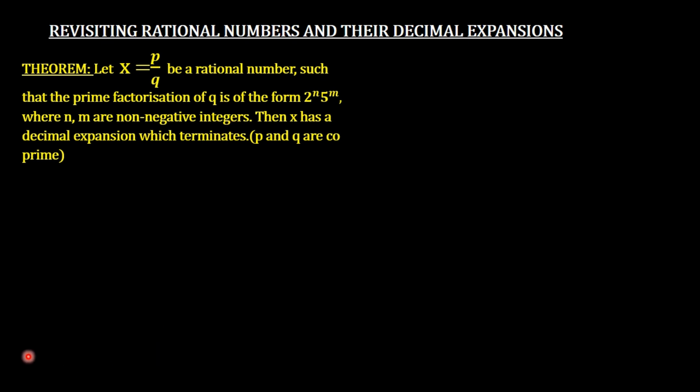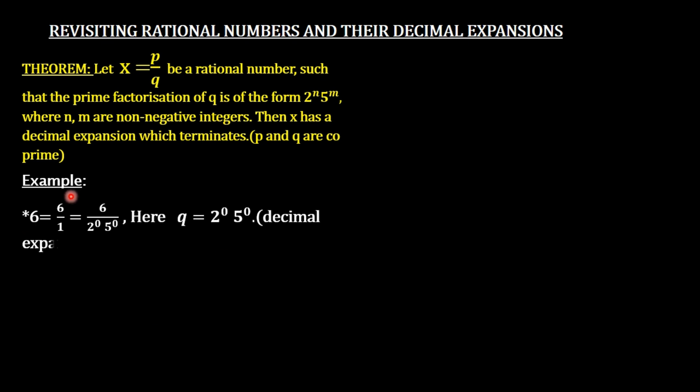Let us have a look at an example. Since we know that 6 has a terminating decimal expansion, we can establish the theorem. 6 equals 6 by 1, that is p equal to 6 and q equal to 1, and 1 equals 2 raised to 0 into 5 raised to 0. Why? Since n and m are non-negative integers, n and m can be zero.